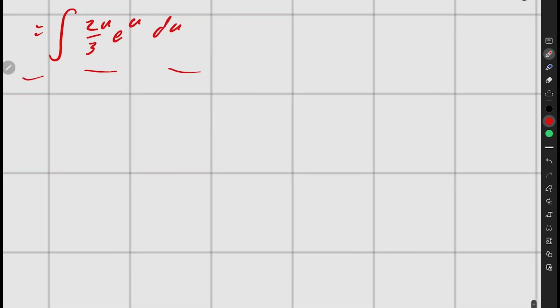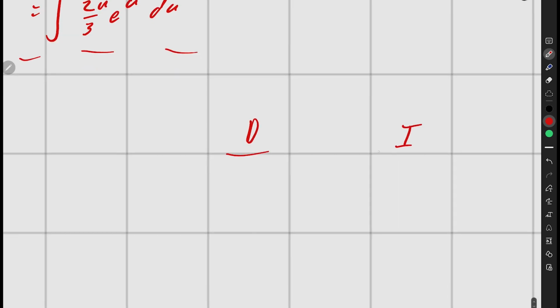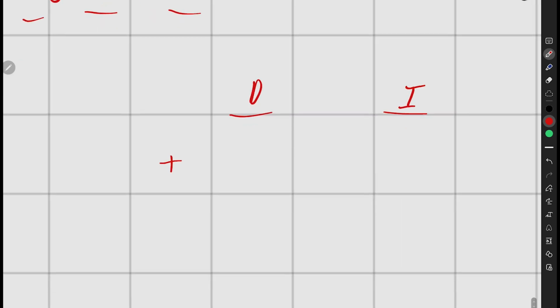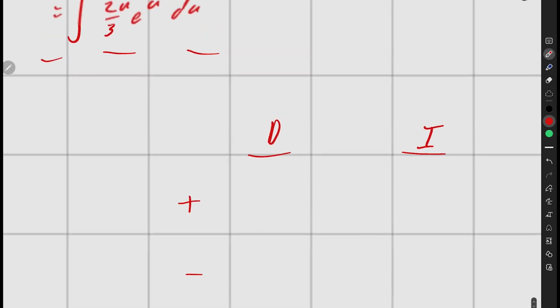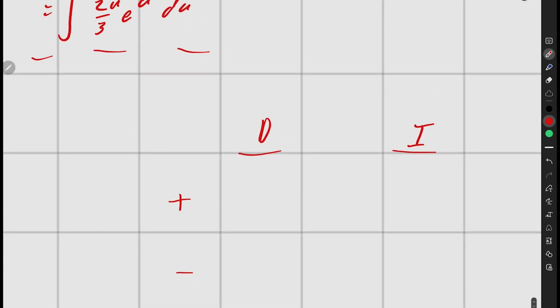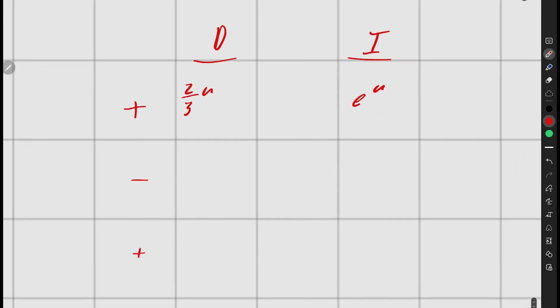So integration by parts, we're going to do it by the table method. We're going to have our derivative and integral columns. And remember to add plus, minus, plus, and just have them oscillating down. So let's find the derivative of 2 on 3 u e to the u.